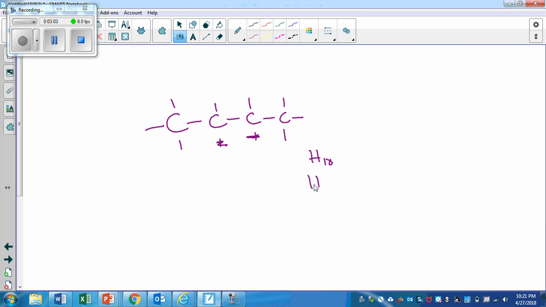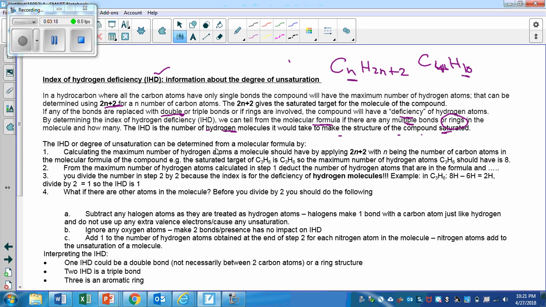If I have 8 hydrogen atoms, that means I'm short of 2 hydrogen atoms. That means there is a double bond somewhere in the compound. If I have 6 hydrogen atoms, there could be a triple bond somewhere in the compound. So basically the IHD is calculating if I have a double bond or a triple bond in the compound based on the number of hydrogen atoms I'm short of.